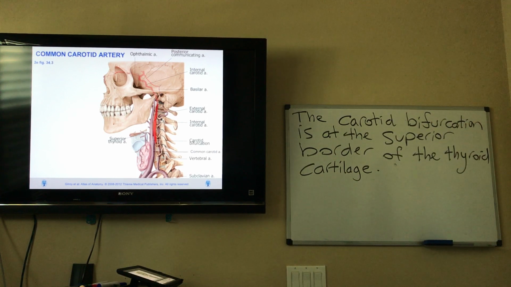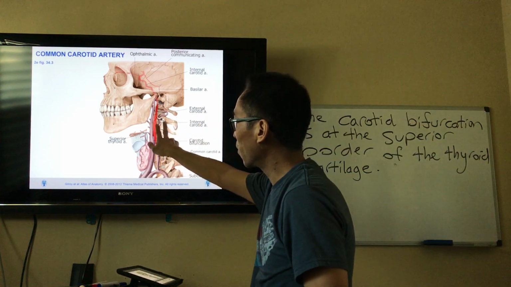Okay. The next thing I want to note is that the common carotid bifurcates into the internal and external carotid arteries, shown here, going up the neck.